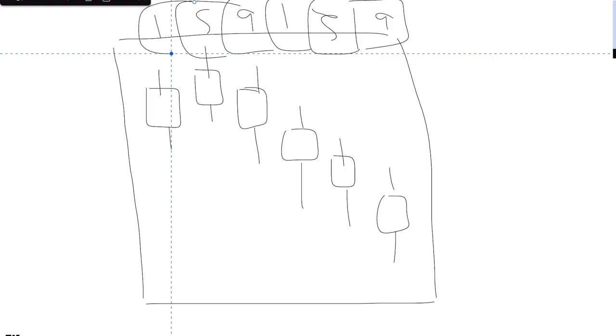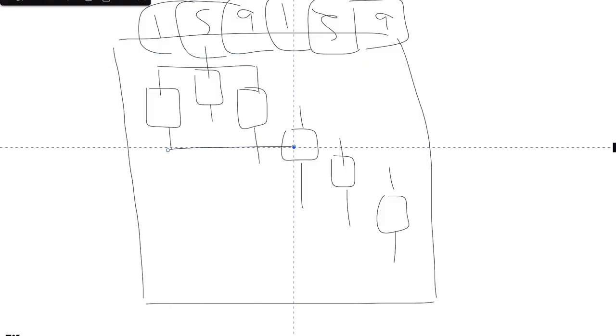In futures, in the futures market, it's 2 4 10, 2 4 10, and so on. Right? One five nine.